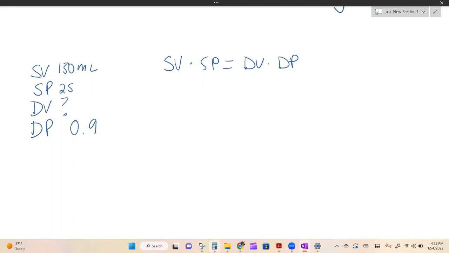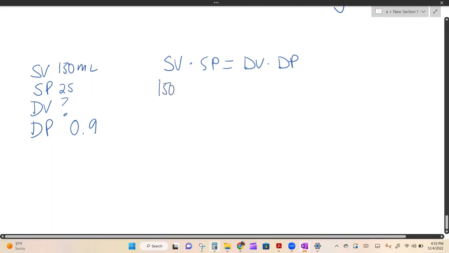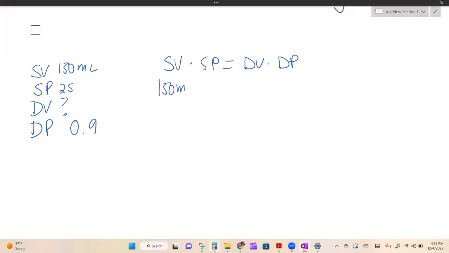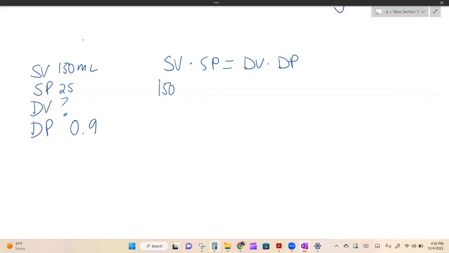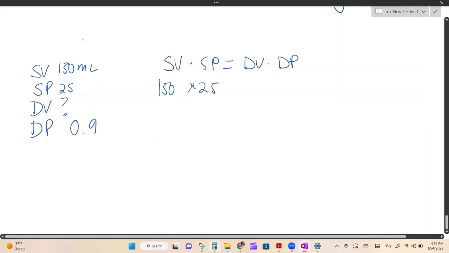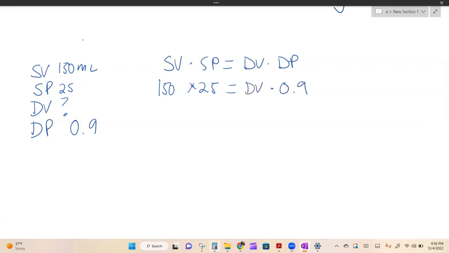That is what we're looking for. So our SV is 150. We again don't need to put the units there. I'm just so used to doing it, because it can throw you off a little bit. So 150 times 25 is equal to DV, which we don't know, so I'm going to leave that as DV, and then 0.9 for DP.